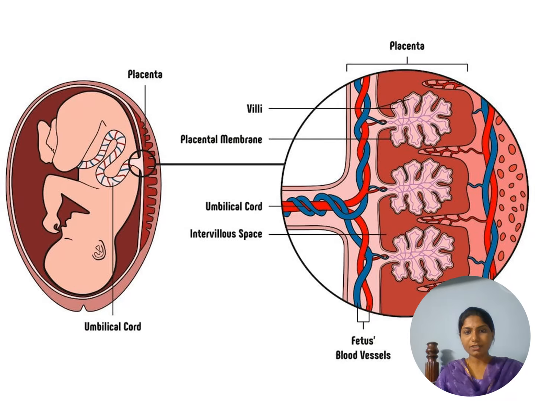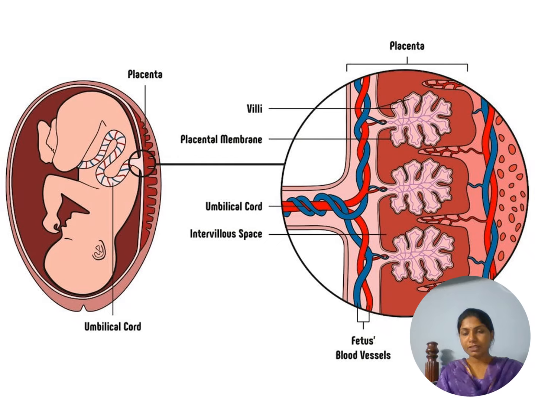So this is a picture which shows the placental bed, and here we have the umbilical cord, which is carrying the two arteries and one vein, and this is again branching into arteries and arterioles, and this is forming the villi, and these villi have different lobes. So usually the placenta will have at least 15 to 20 lobes, and again they're divided into lobules.